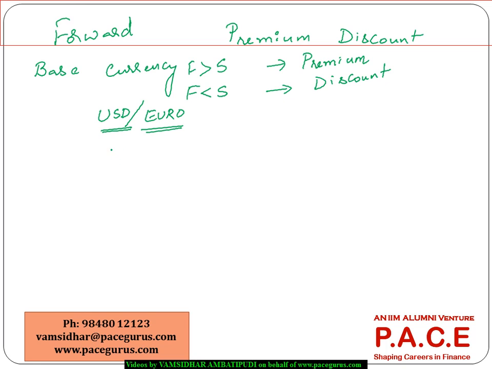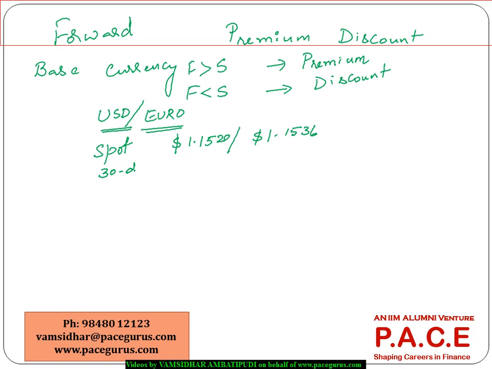So now let's say in the spot market, I see that the quote for USD to euro is 1.152 and 1.1536.